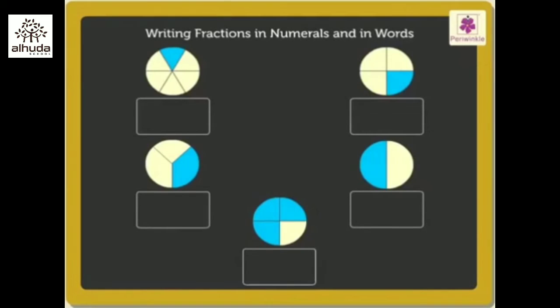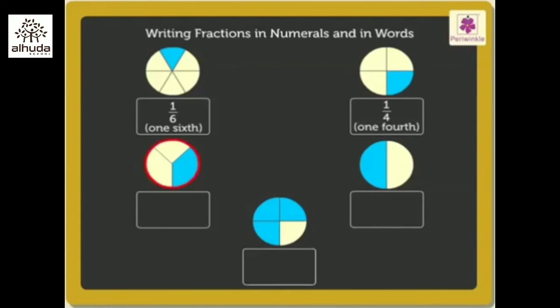Now, let us see how to write fractions in numerals and in words. The fraction for the colored part in this figure is written in numerals as 1 with a division bar and 6 below it, and as one sixth in words. Here it is written as 1 over 4, and as one fourth in words.